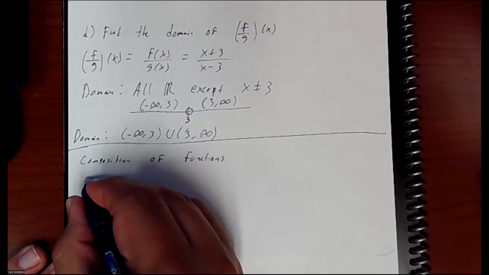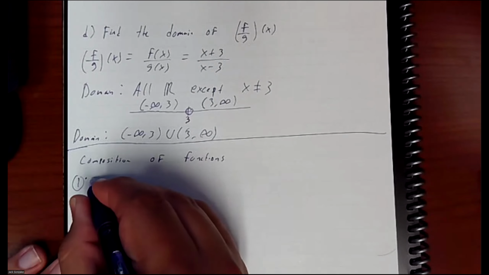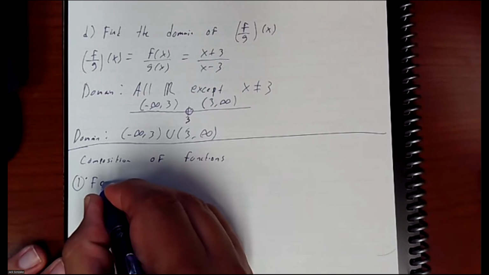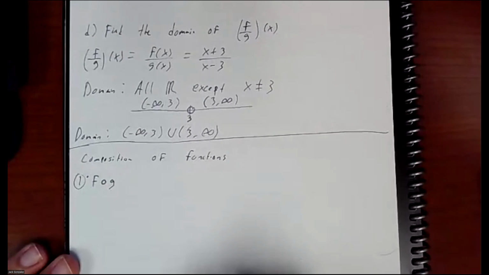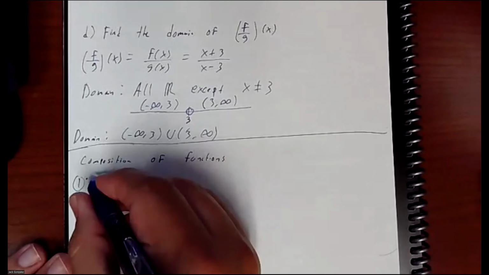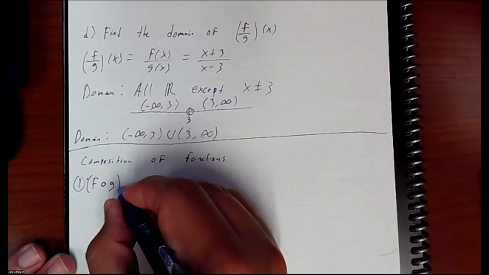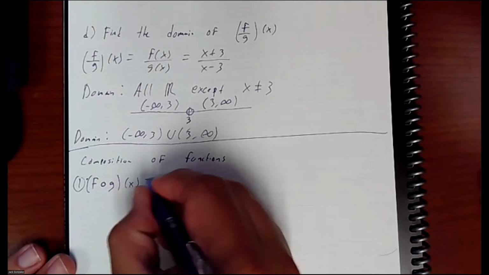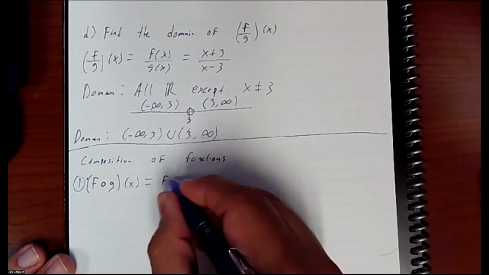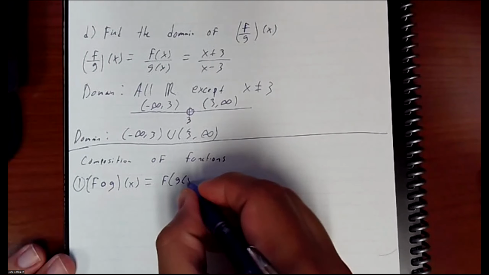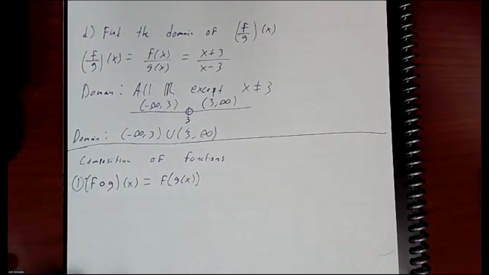So if you see the symbol, so number 1, f composed with g, that's what that means. Looks like f of g. f of g of x is what it means. It means you're inputting the g function inside the f function. You're composing them together.